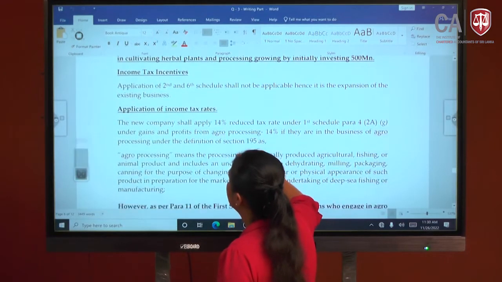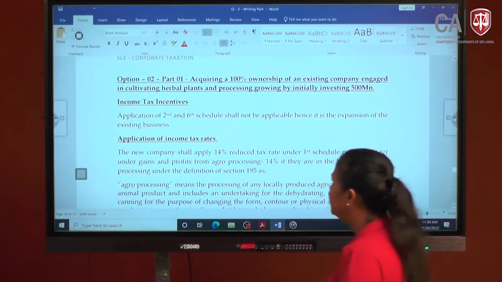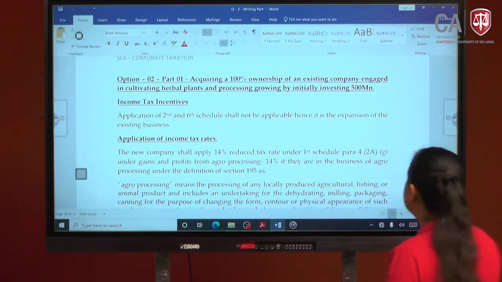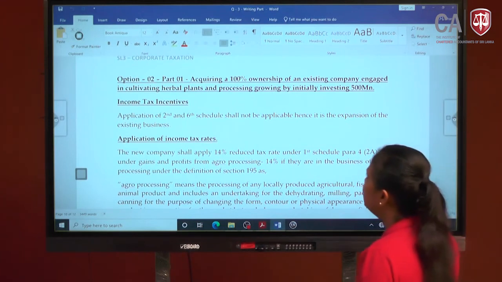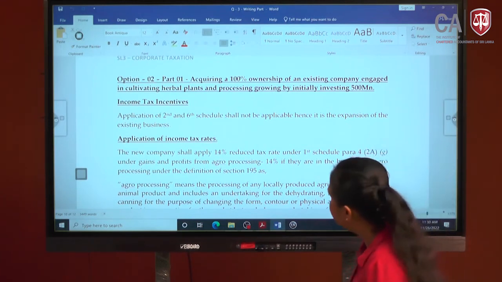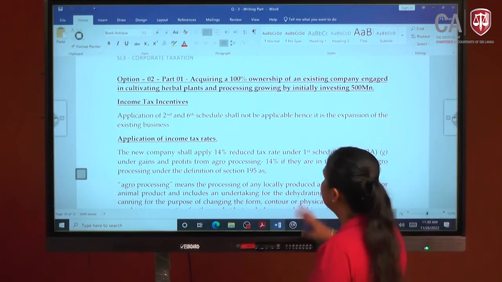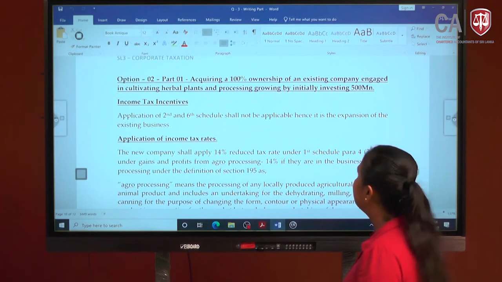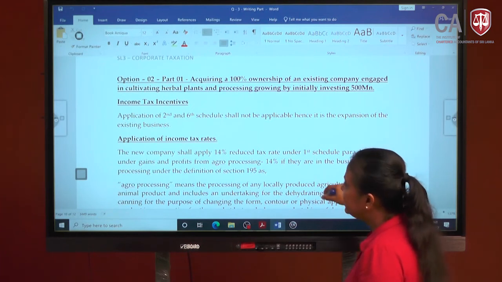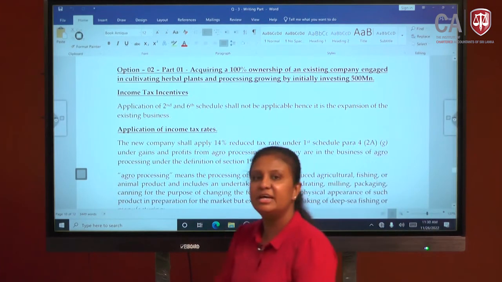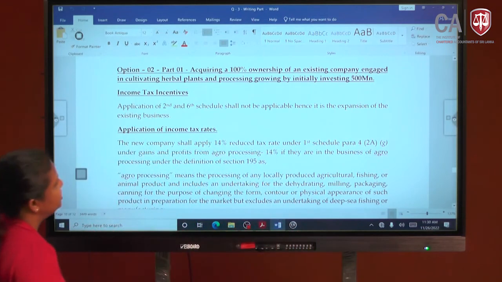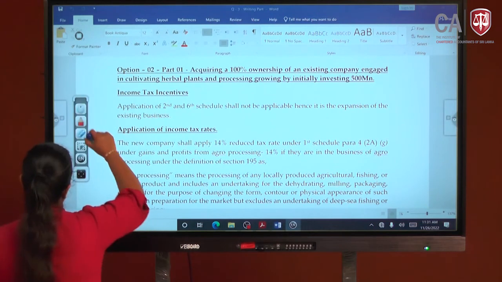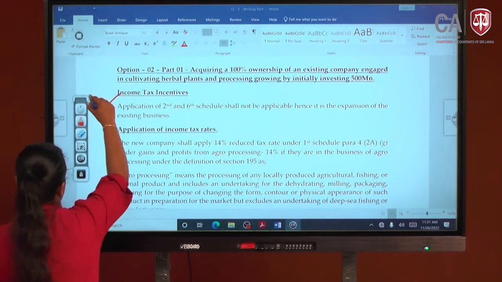Option 2 is the acquisition of 100% ownership of an existing company engaged in cultivating herbal plants and processing, with an initial investment of rupees 500 million. The application of the second and sixth schedule shall not be applicable, since this is an expansion of the existing business.